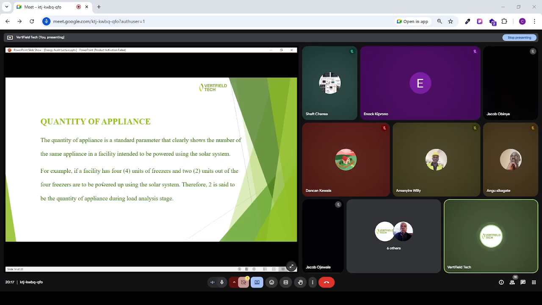For example, if a facility has 4 units of freezers and 2 of the 4 are to be powered using the solar system, then 2 is the quantity of appliance at the load analysis stage.